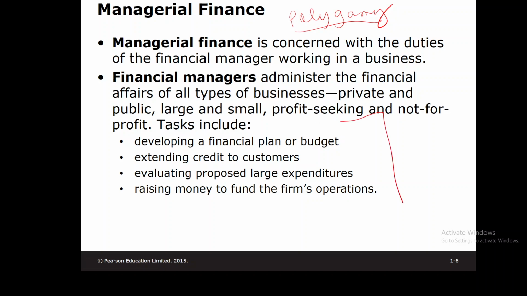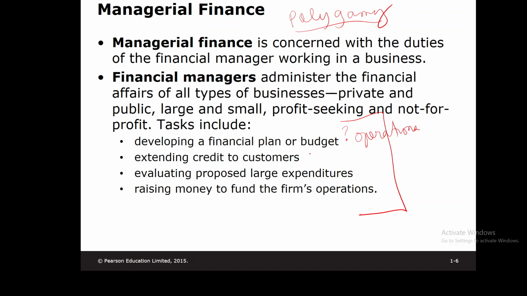Take a look at the tasks to be performed by the financial manager. Developing a financial plan or a budget relates to operations.